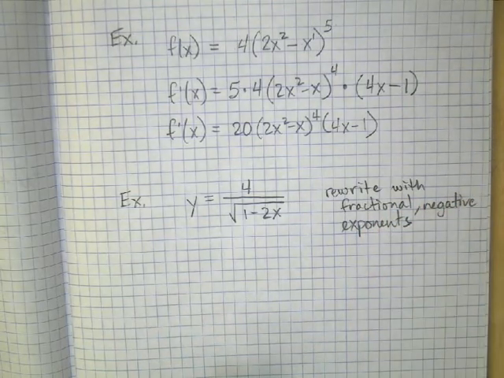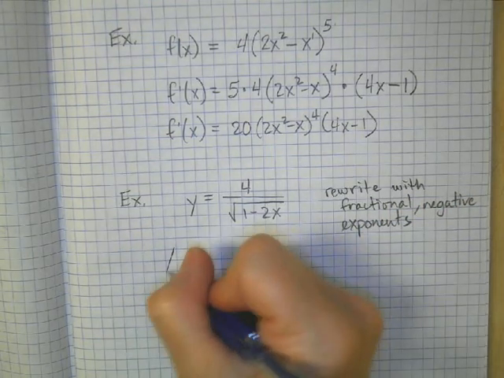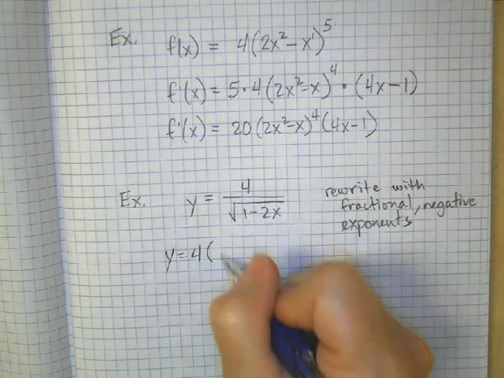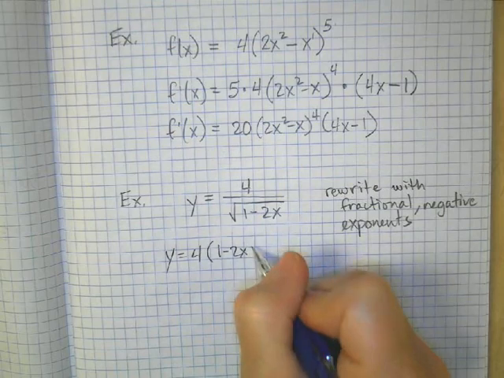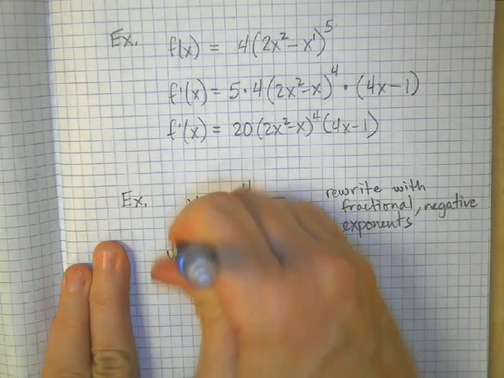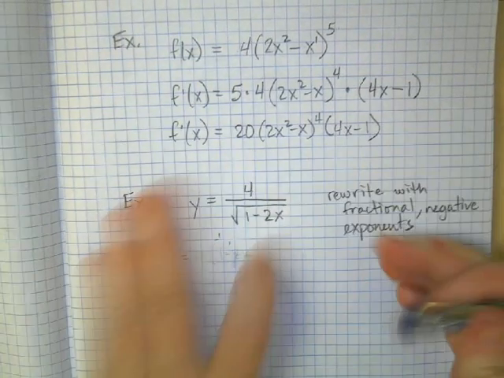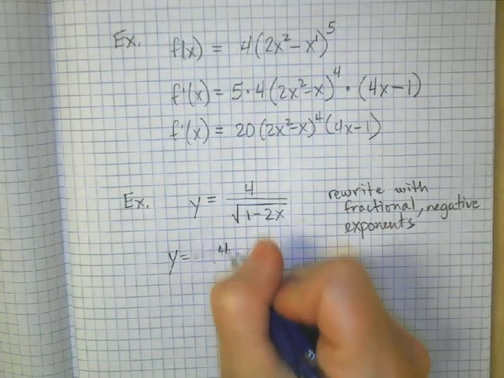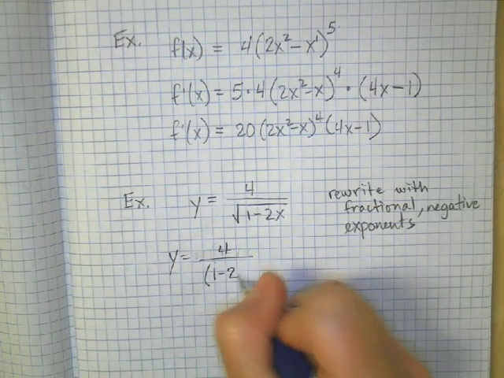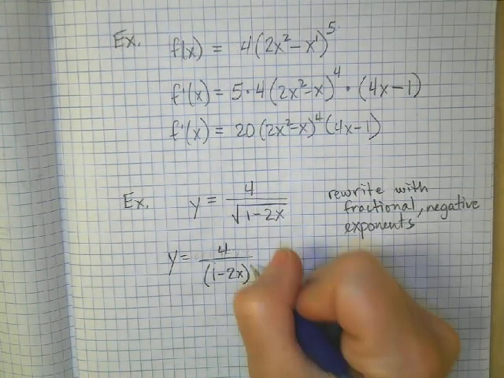So I'm going to keep my 4, and then this, I'm going to put into parentheses, 1 minus 2x. Actually, you know what? I'm sorry. Let me back up. Let's do it one step at a time. I'm getting ahead of myself. Let's do 4 over, now the 1 minus 2x, instead of writing it with a square root, we can raise that to a fractional exponent.